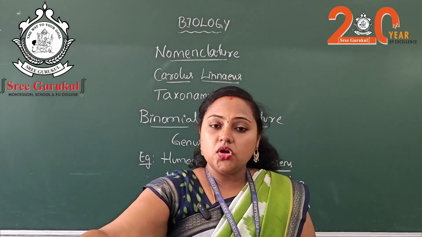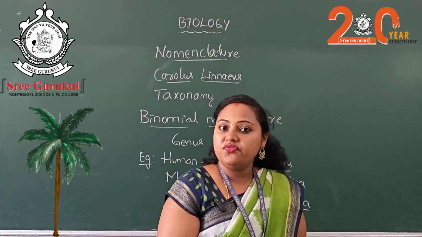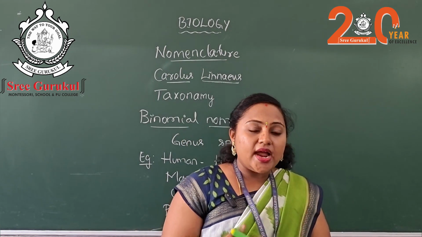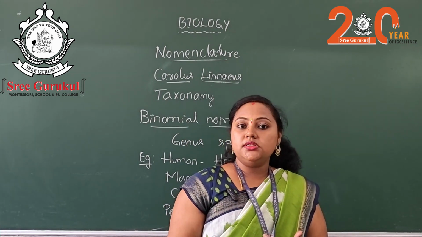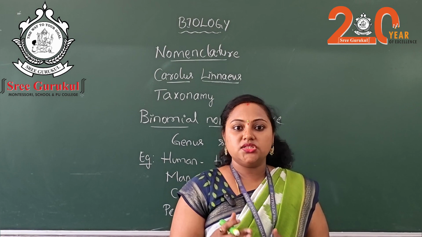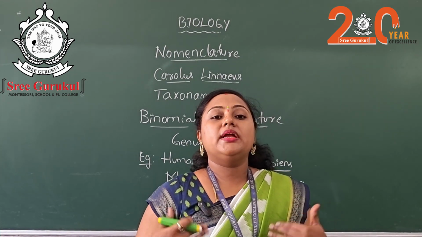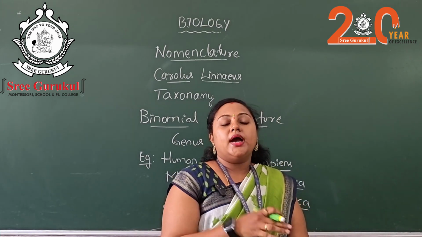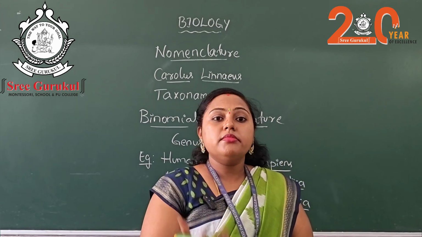If you see a coconut tree, identify it as Cocos nucifera. If you start remembering animals and plants with their scientific names like this, it will become very easy. So try to identify these and start remembering these organisms.